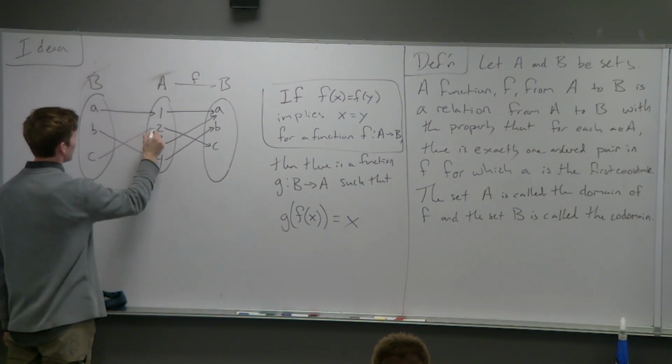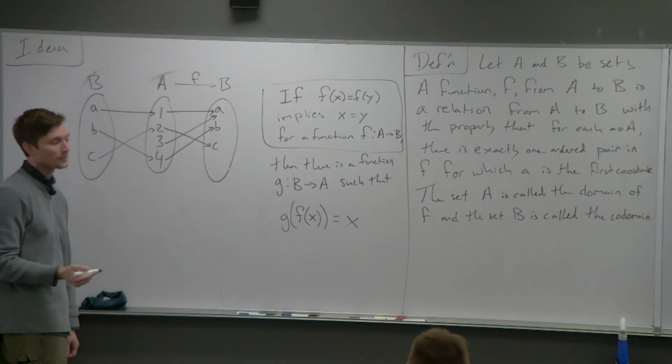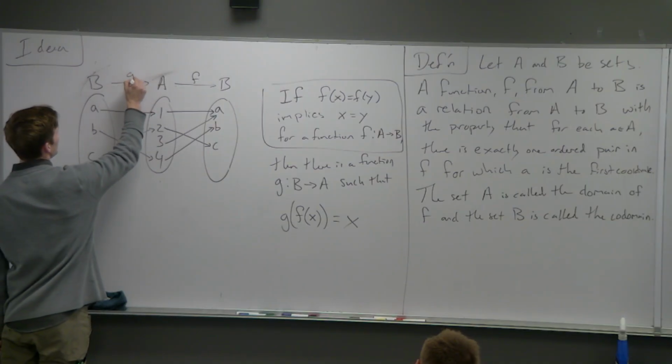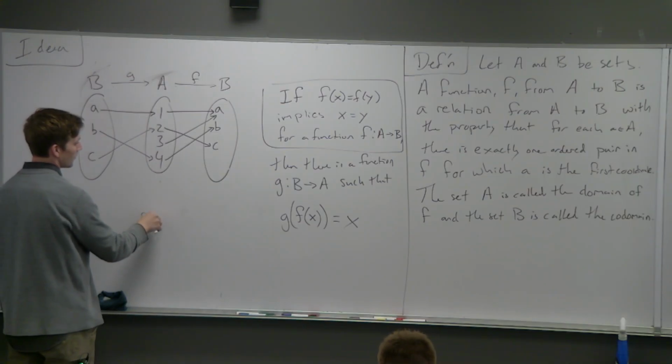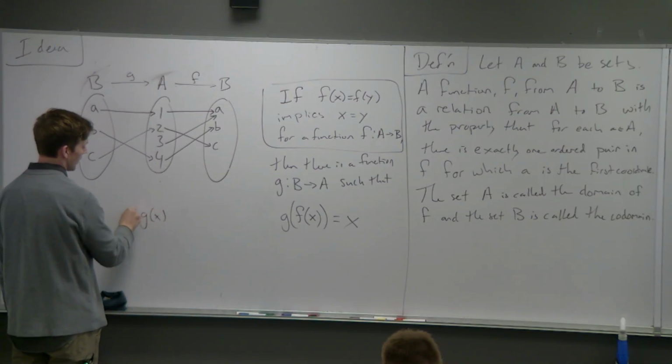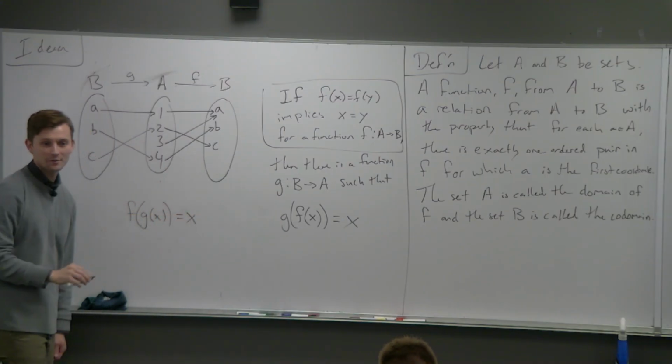I could take C to 2, and that takes me back to C. So there is a function G here such that if I do G first, and then I run the result through F, I get back the thing I started with.